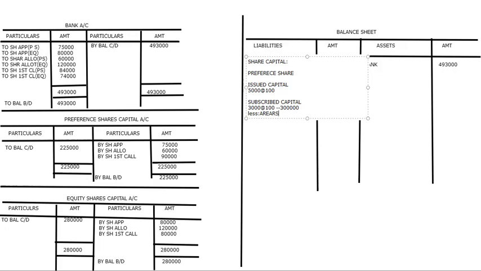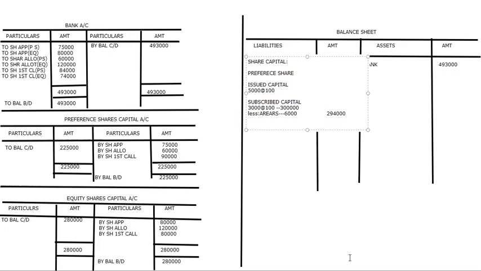There was an arrears in the first call of 6,000. So when I minus 6,000, how much am I going to get? 2 lakhs 94,000. That's it. Now this is done.